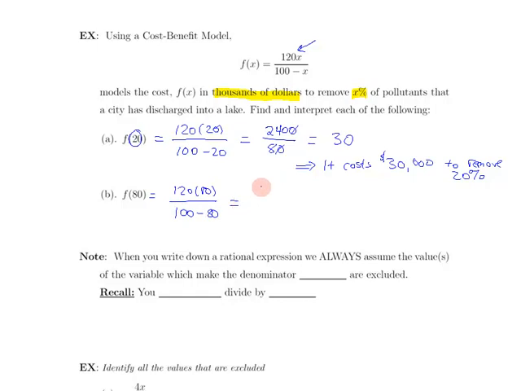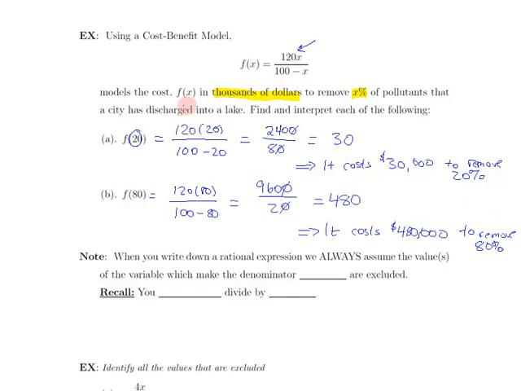So 120 times 80 gives me 9,600 divided by 20. That's 480. So interpreting that says it costs a whopping $480,000 for the city to remove 80%. So the more you want to remove, the greater the cost to you.